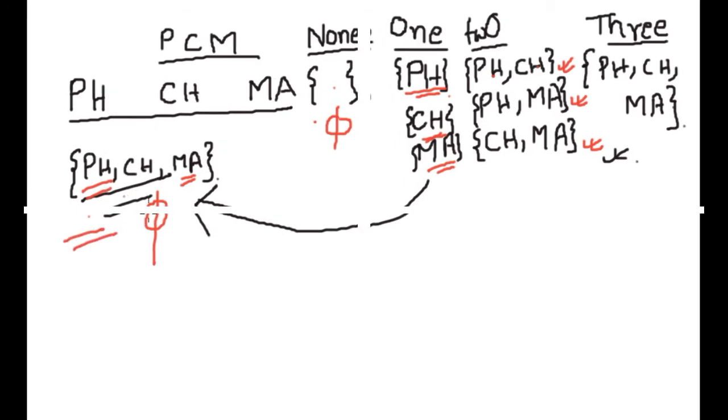Let's see another example. I have a main set, capital A, the set of all 26 English alphabet letters.